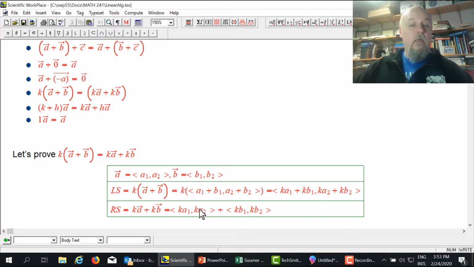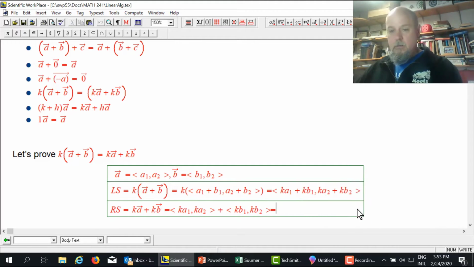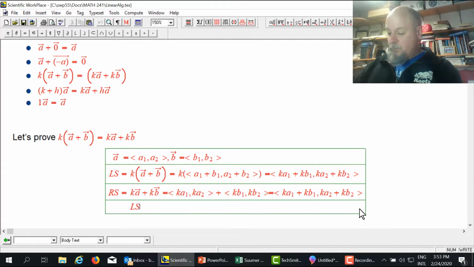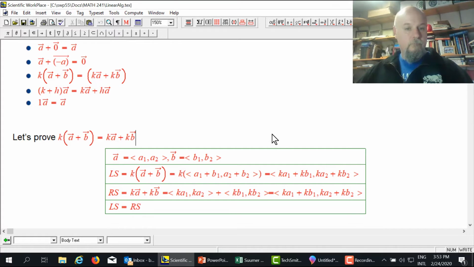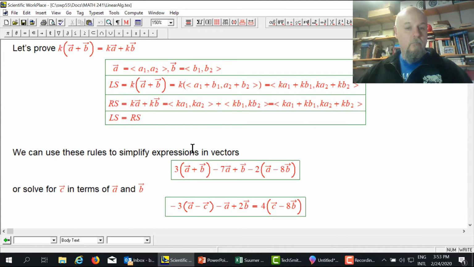And now I've got this vector plus this vector. I can add them together component-wise, and that's going to give me the thing I have here. Now left side equals right side, so it's proven. Let's work on these in the next video.